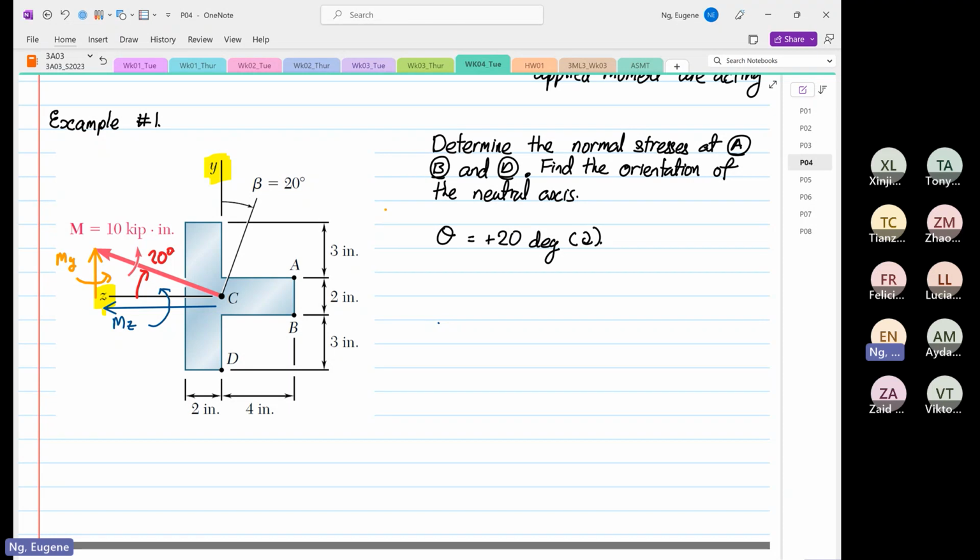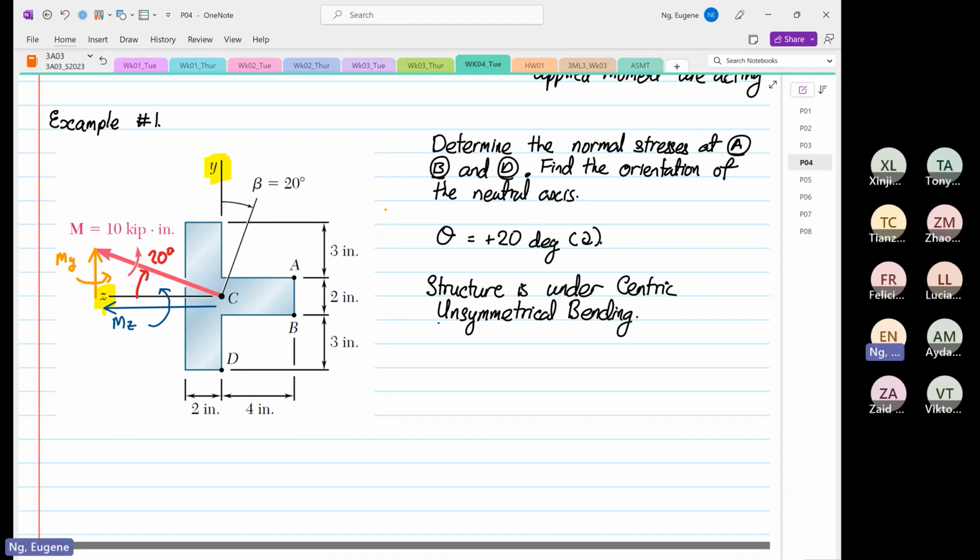So not just that, we know there's two components. So we know that the structure is under unsymmetrical bending.